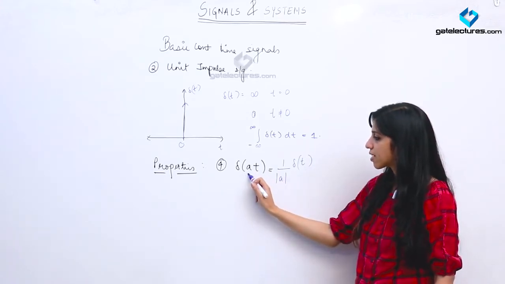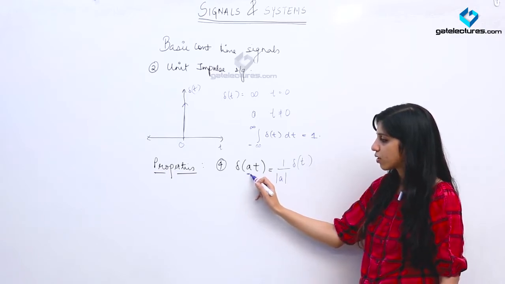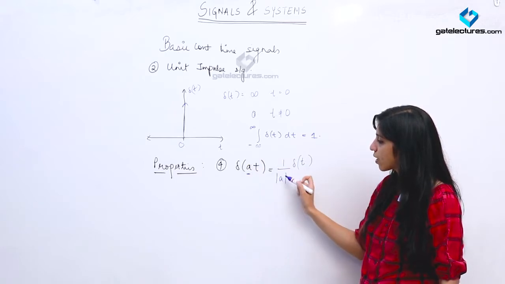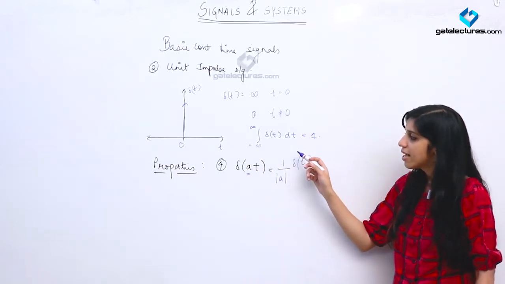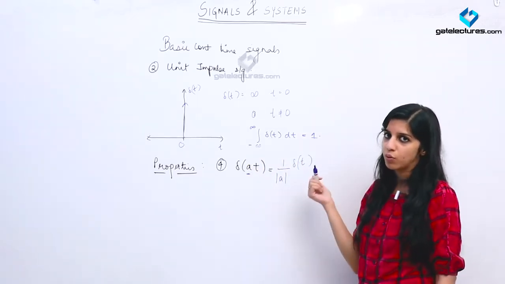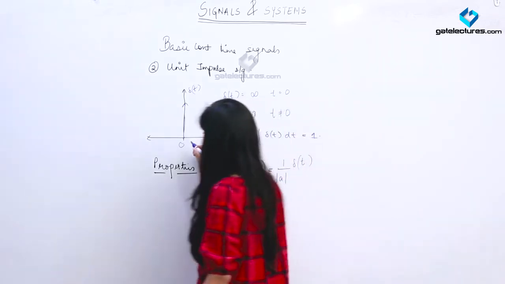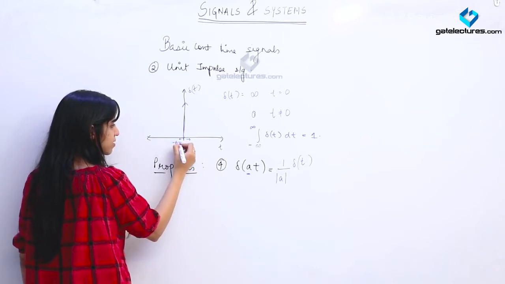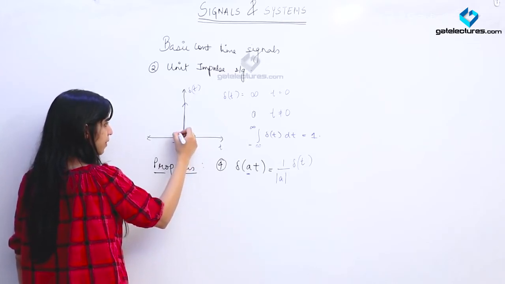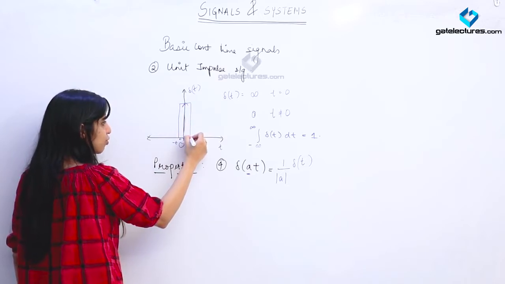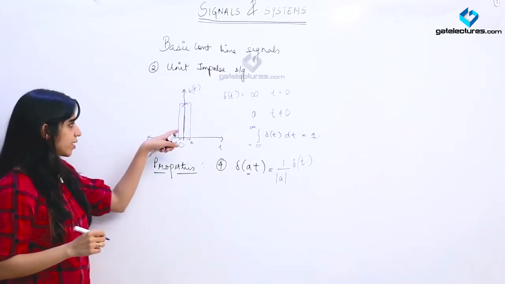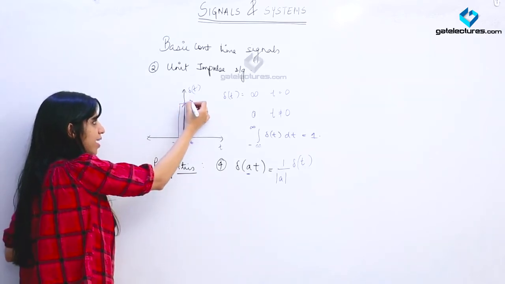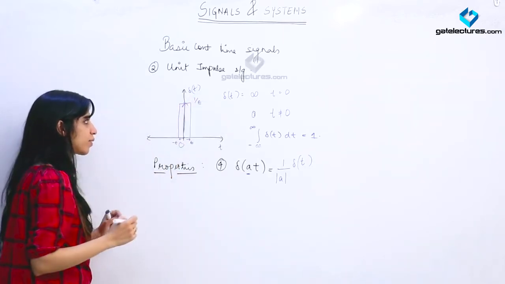So when you are performing this time scaling, what happens is this value comes out and affects the area, because you know that the area of this function is going to be 1 only. Suppose I just expand this function to minus epsilon to epsilon. So for the area of this function to remain unity, the height of this rectangle is going to be 1 by epsilon.